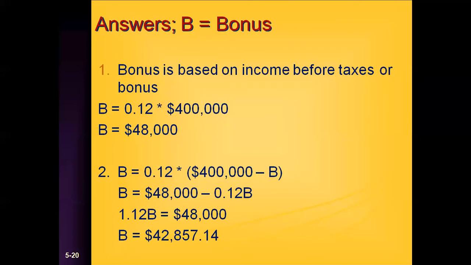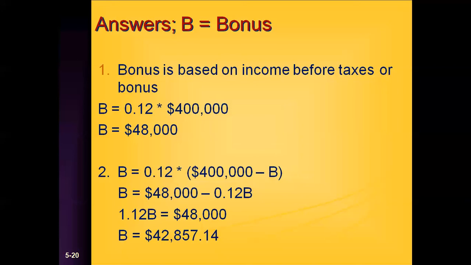So in the first example, relatively straightforward. Bonus is based on net income before taxes and bonus. You just basically have the bonus rate, 12% times 400,000. So the answer there would be a bonus of $48,000.